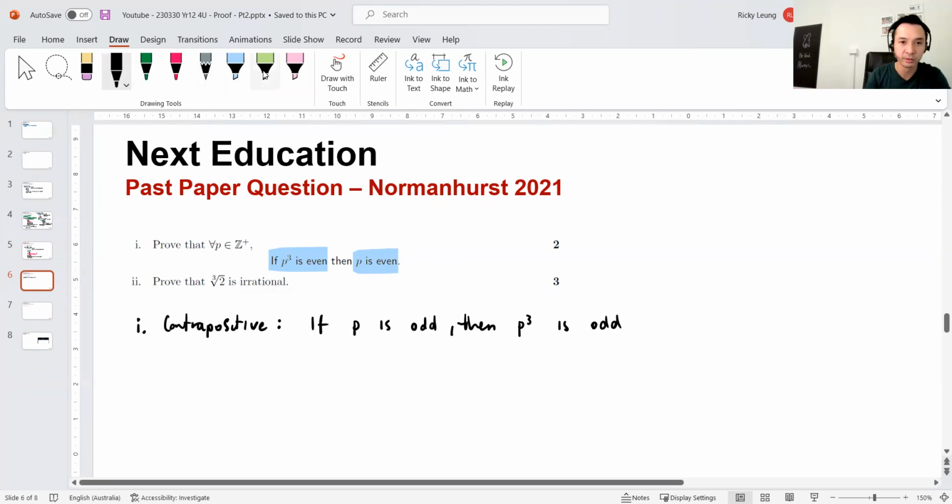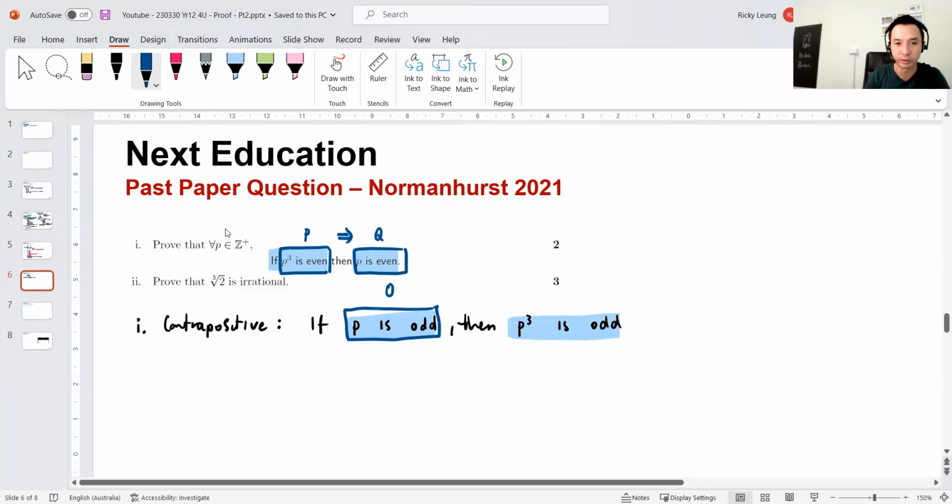So once again, basically, if this is my P statement and it implies Q, then this guy here would be my Q bar, Q prime, and this guy is my P prime, or negation, whatever notation you want to use.